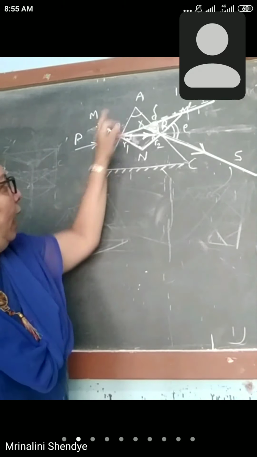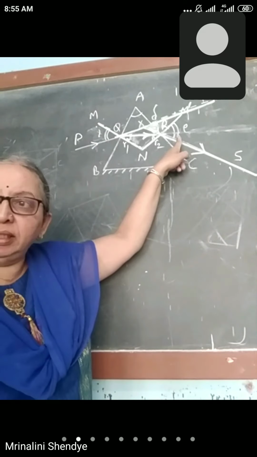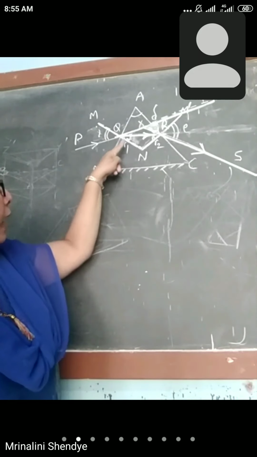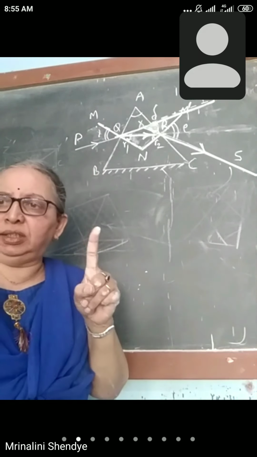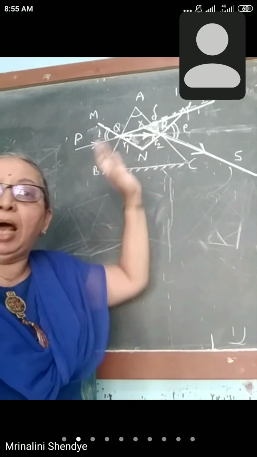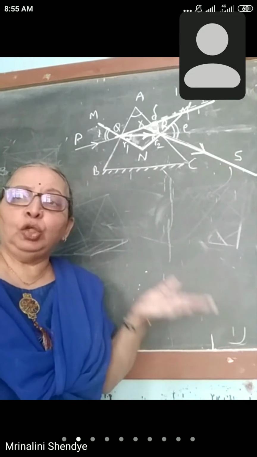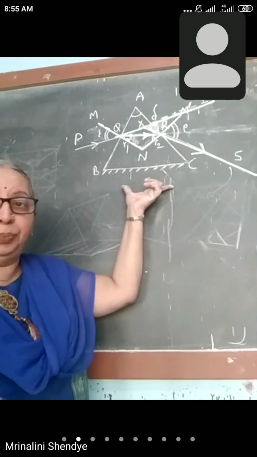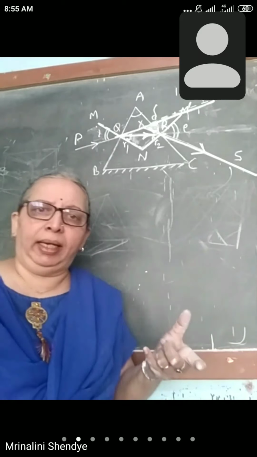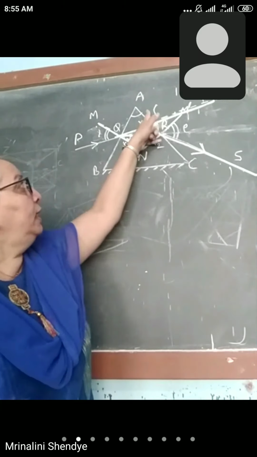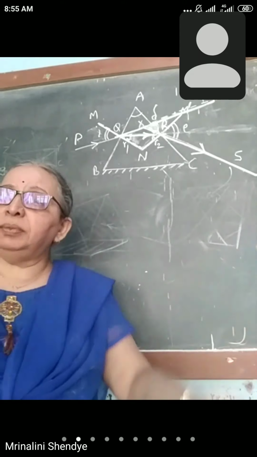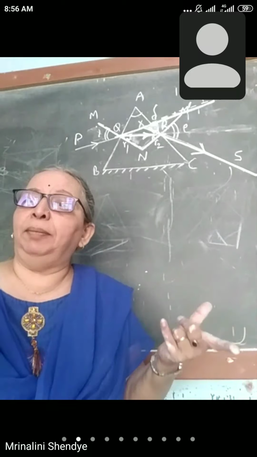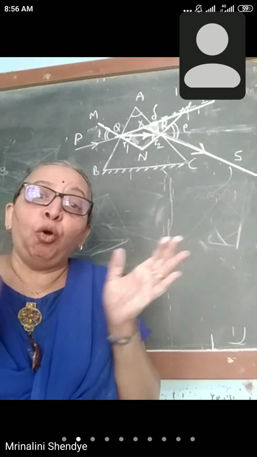Angle A, angle I, angle of emergence E, angle of deviation delta, and two more: angle of refraction R1 at the first refraction, and angle of refraction R2 at the second refraction. So you get all these different terms related to this figure, and using geometry you can relate these terms. ये सब जो terms नए नए involve हुए हैं ना, वो हम लोग रिलेशन में मैथमेटिकली उनको बांध सकते हैं.